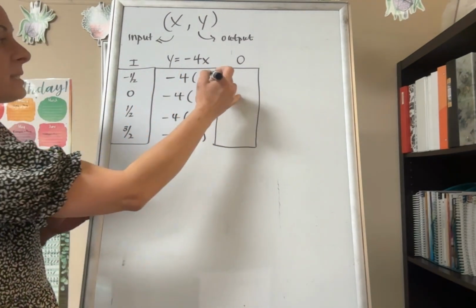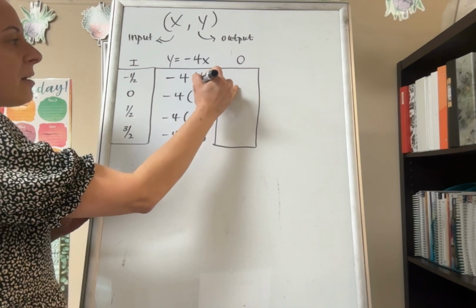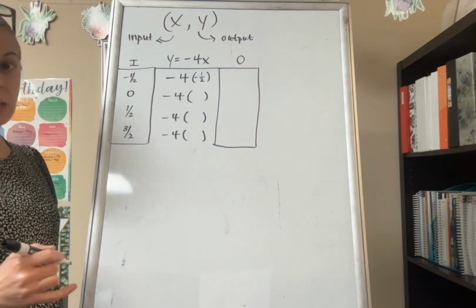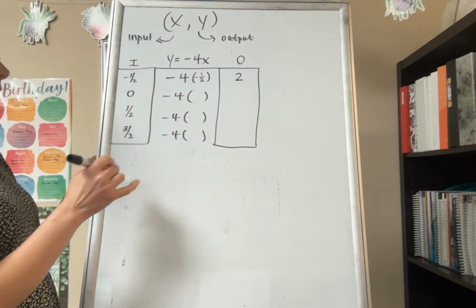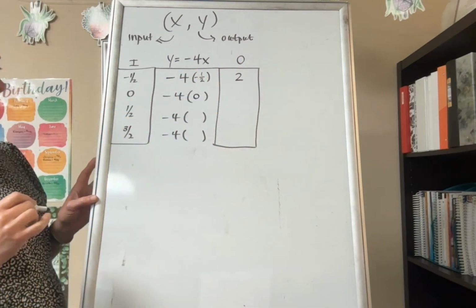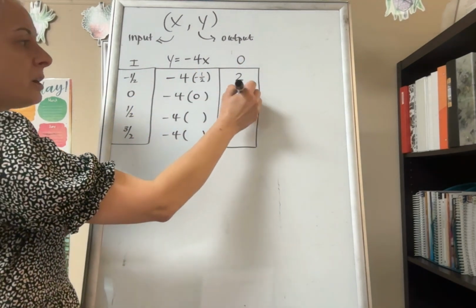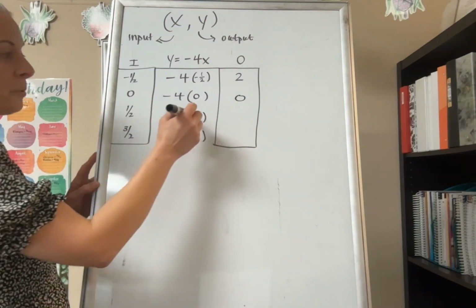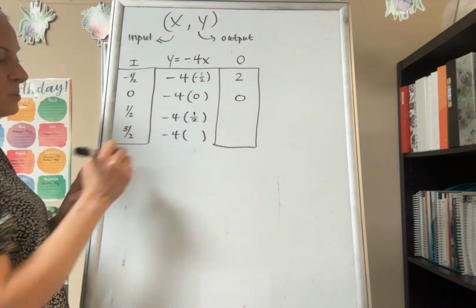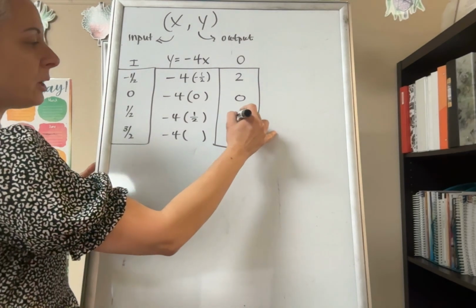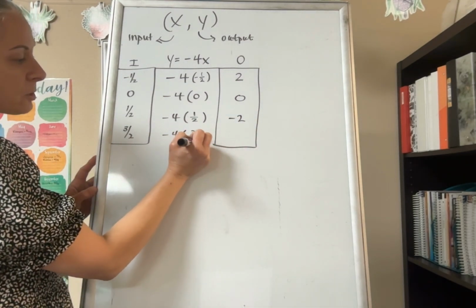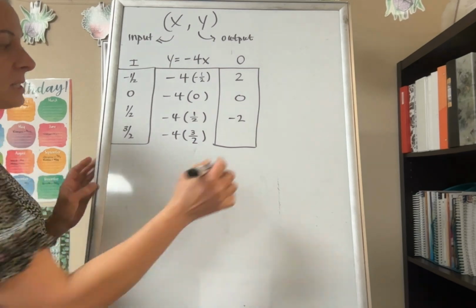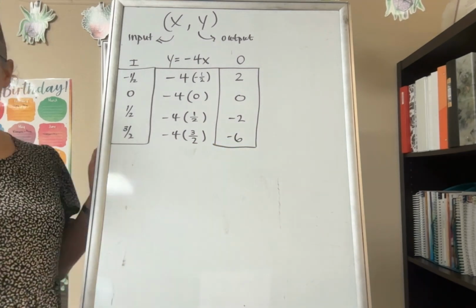So if I put -1/2 in this set of parentheses, it's going to give me an output of 2. If I put 0 in this parentheses, it's going to give me an output of 0. If I put +1/2 in this parentheses, it's going to give me an output of -2. And if I put 3/2 in this parentheses, it's going to give me an output of -6.